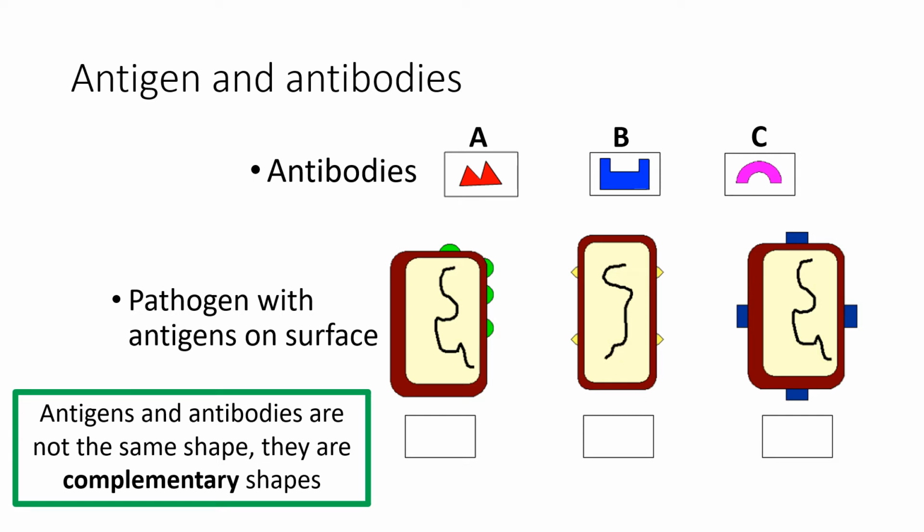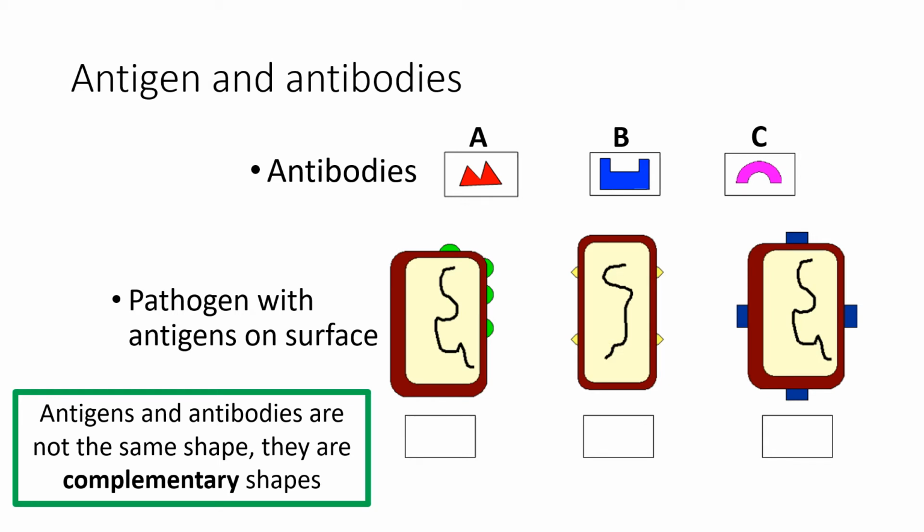An antigen is just a very specific shape, and your body, when you were a fetus, basically produced loads and loads of white blood cells and antibodies, and any of the white blood cells and antibodies that were found to be attacking your cells were deactivated. So the only antibodies that are produced in your body are complementary to the antigens on the surface of other cells or pathogens that aren't meant to be there.